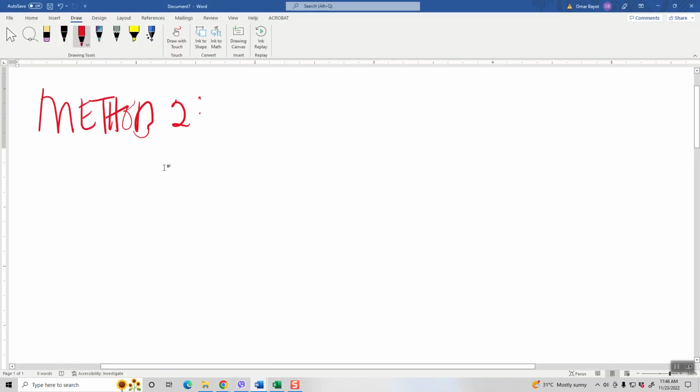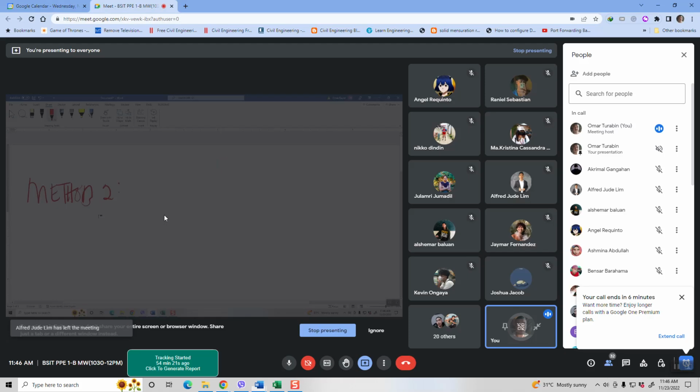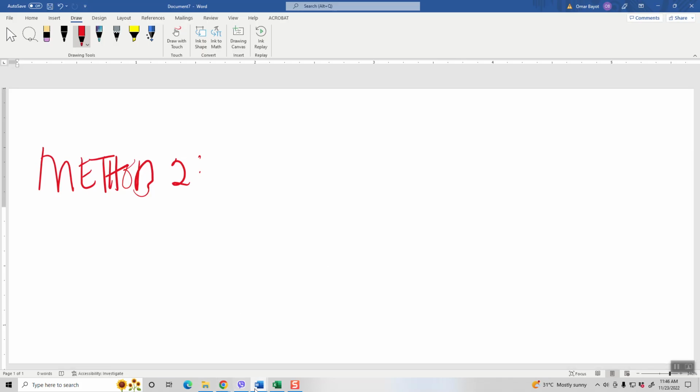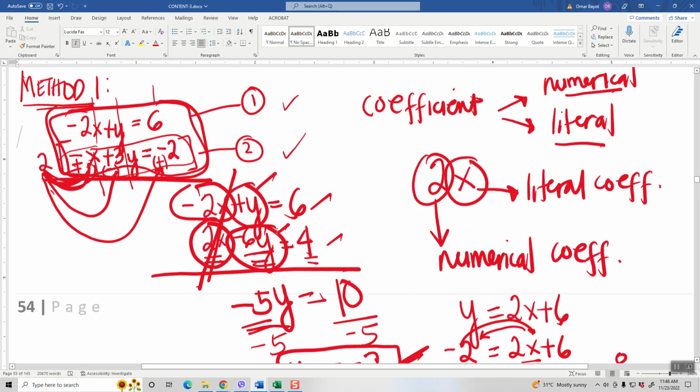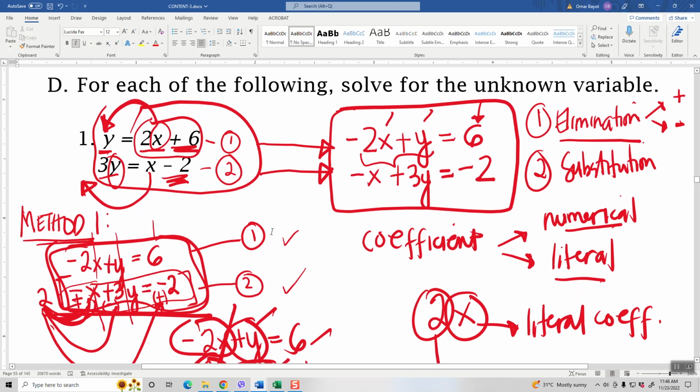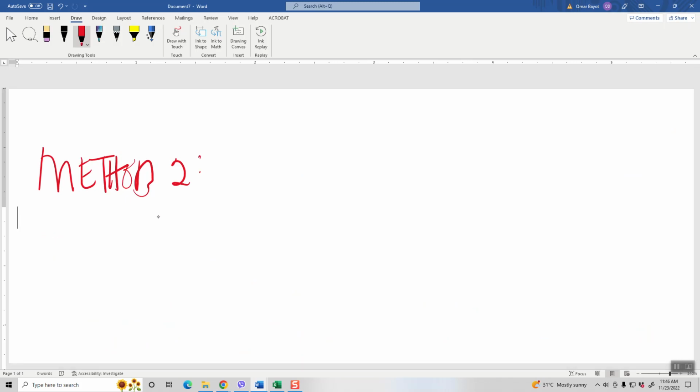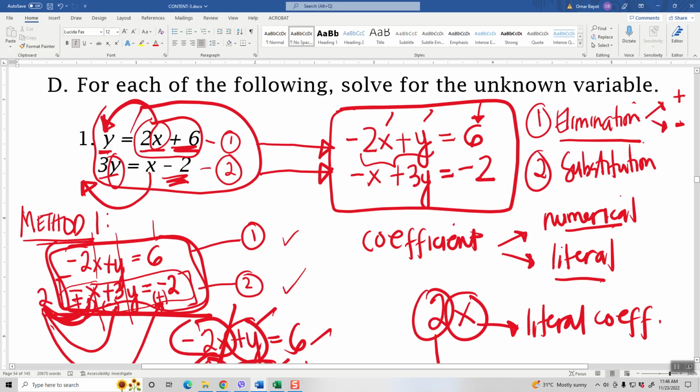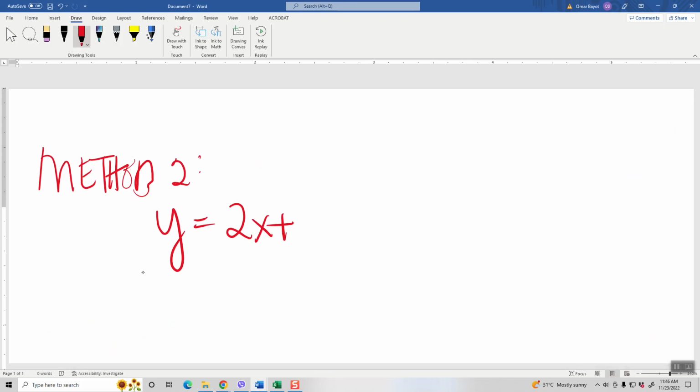Hanggang matapos natin. So for method 2, we have by substitution. We will copy the problem again here: y equals 2x plus 6, and then 3y equals x minus 2.